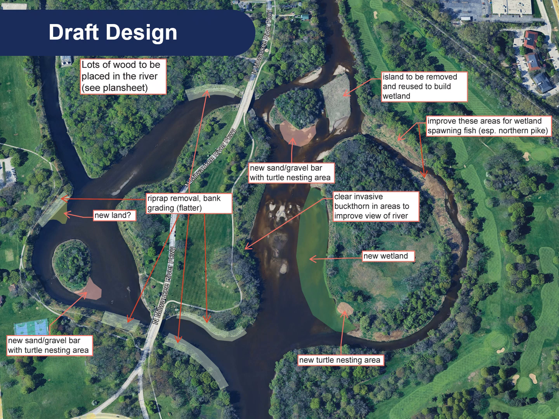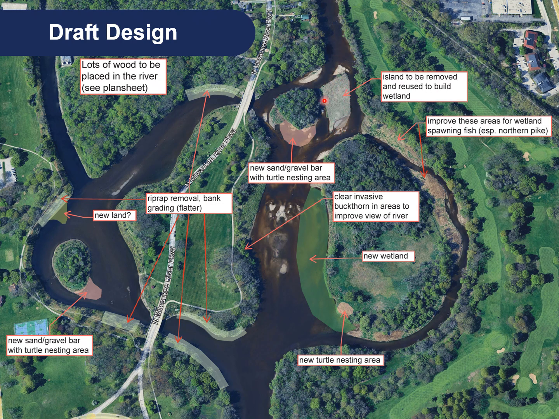This exhibit shows a lot of the habitat improvements that we're proposing. And I'll just walk through these. I mentioned this new island up here that is a concern for debris and ice jams that can back up water.